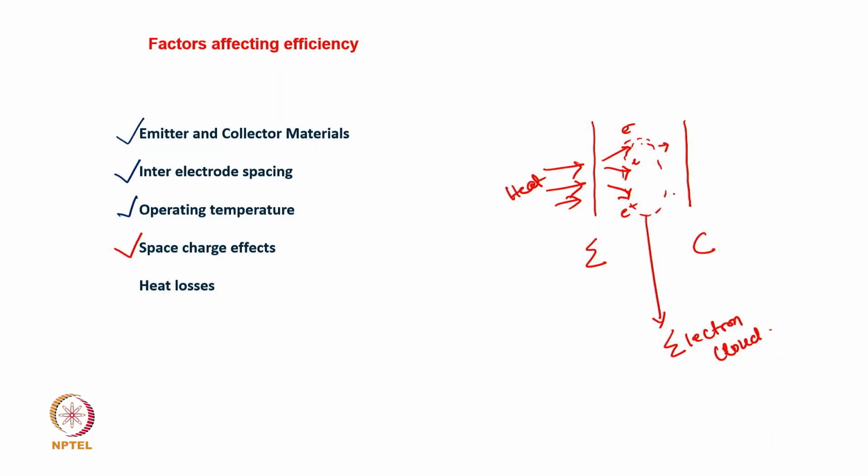So, the number of electrons reaching the collector is reduced, because many electrons can be repelled back by the space charge. All right. So, this is a very crucial issue in vacuum electronics, and I mentioned that Child-Langmuir gave a detailed theory on that.